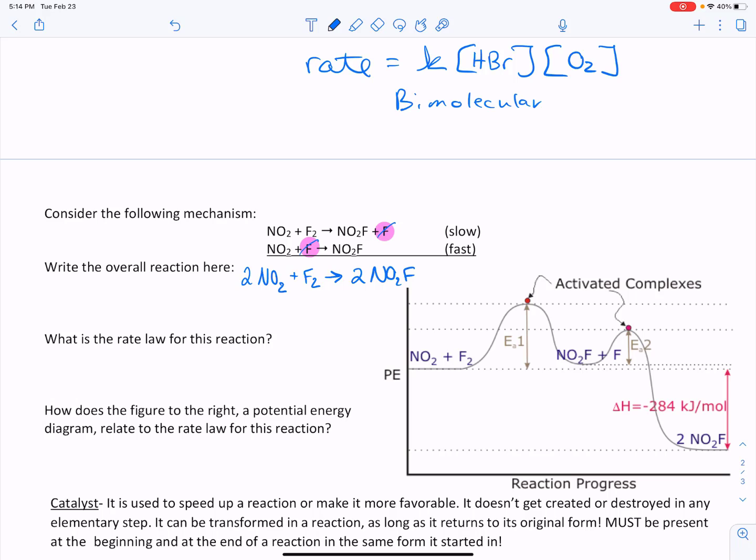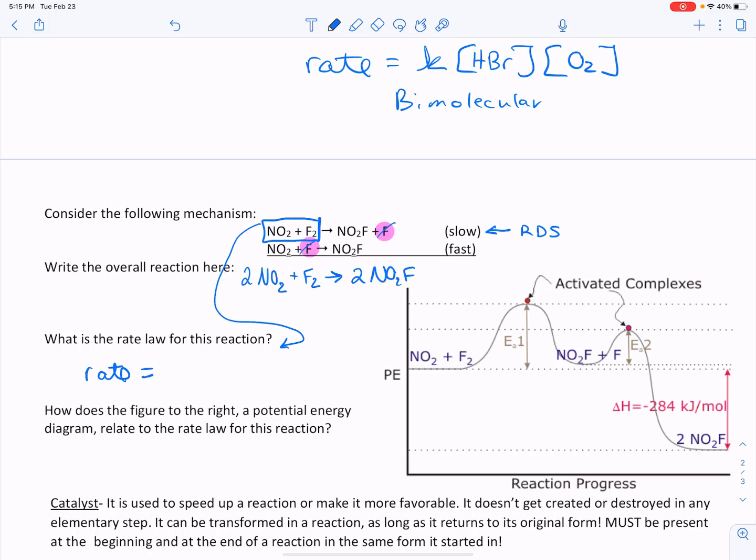What is the rate law for this reaction? Well, remember, you first have to identify the rate determining step, where your rate determining step is simply the slow step. And then you look at the reactants, and you use those reactants to identify your rate law.